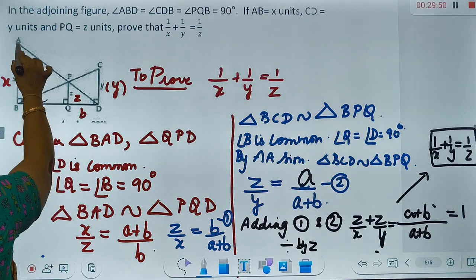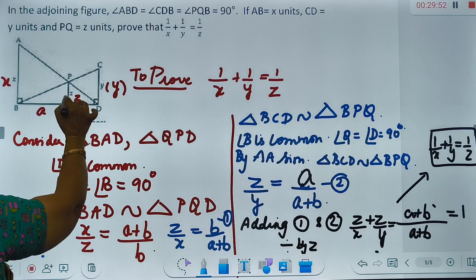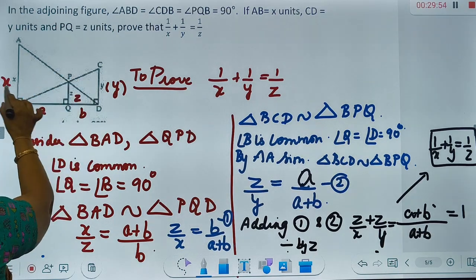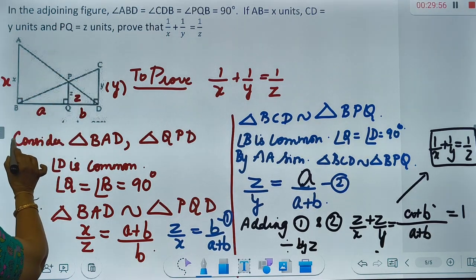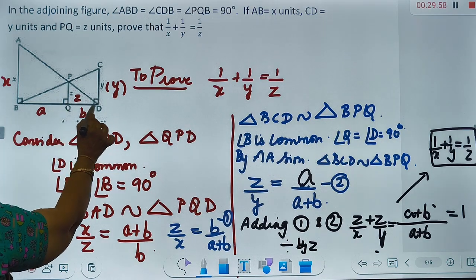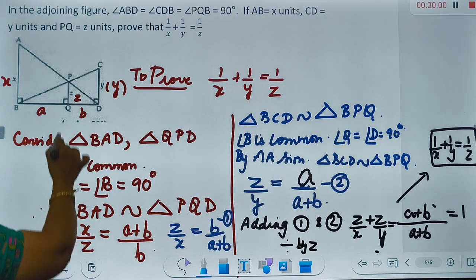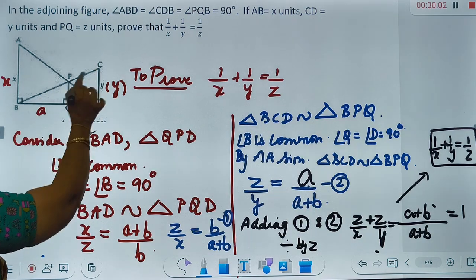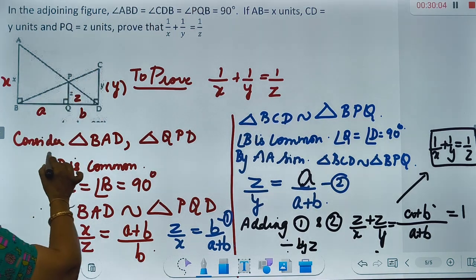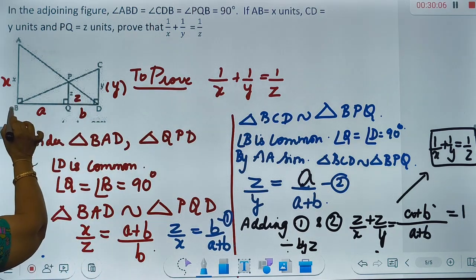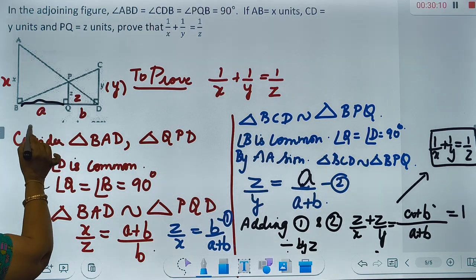See, first we considered this big triangle and this small triangle. So X by Z is equal to A plus B by B, since for this triangle the side is B. Then I considered this big triangle and BPQ. In BPQ angle B is common and the corresponding side is A, right?